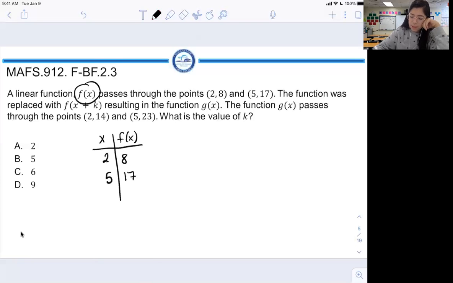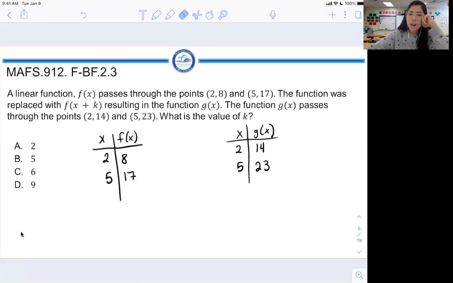And then we have f of x plus k. Well, that one's actually called g of x. We have 2, 14, and we have 5, 23. So let's think about what happened to go from f of x to g of x.